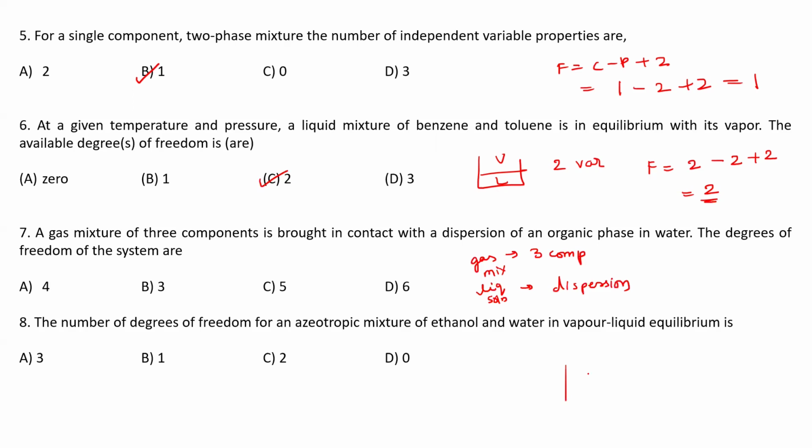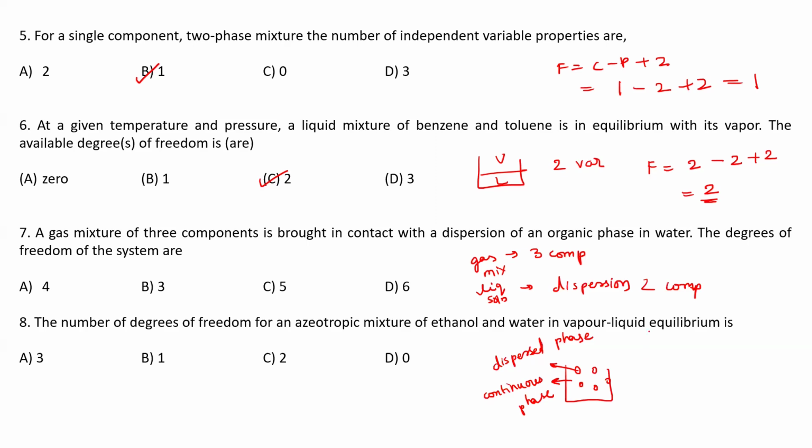So one compound will be as bubbles, which is the dispersed phase, and this is the continuous phase. Okay. So this is generally called a dispersion. So the dispersion has two compounds, right? Water and the organic phase.